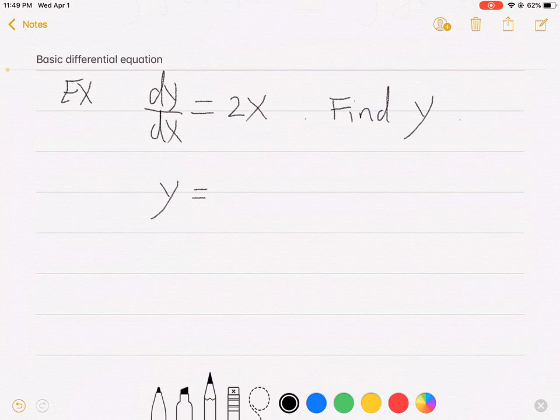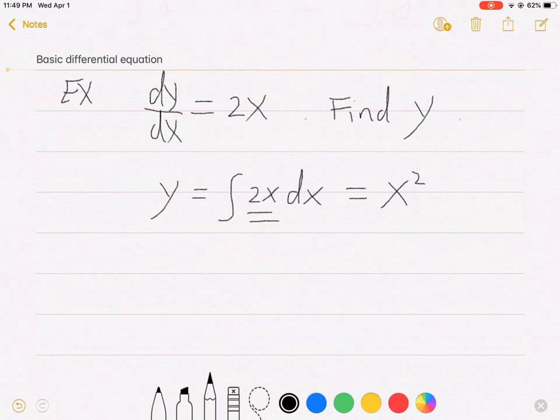Equal to the integral of 2x dx, right? So y is the antiderivative of 2x, which can be written as the integral of 2x dx. Whose derivative equals 2x? It's very simple, right? It's equal to x squared.